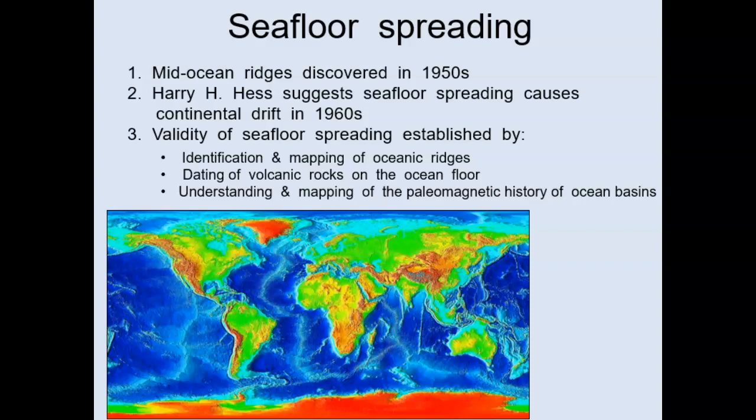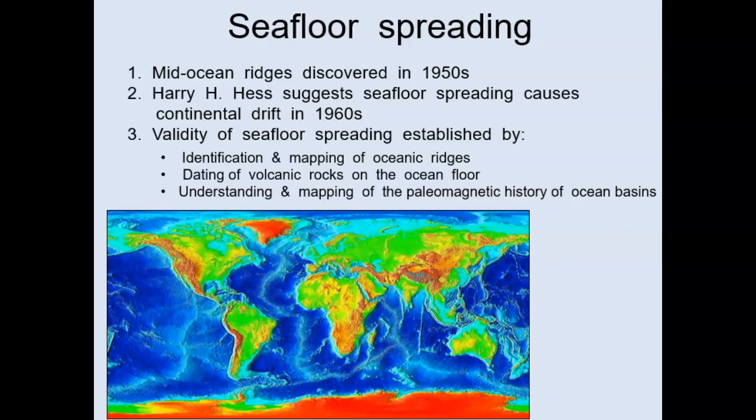So by the mapping that was done, scientists at the time discovered features such as the mid-ocean ridges, as we've already talked about, right? Different sea mounts, as you're seeing here, for example, or island chains, ocean trenches, like the ones we had seen before as well, amongst other features that are within the ocean.